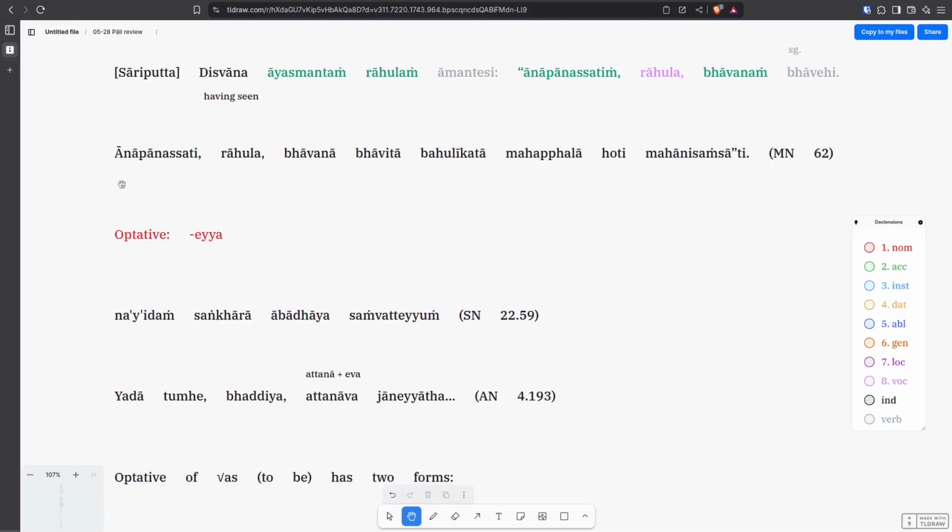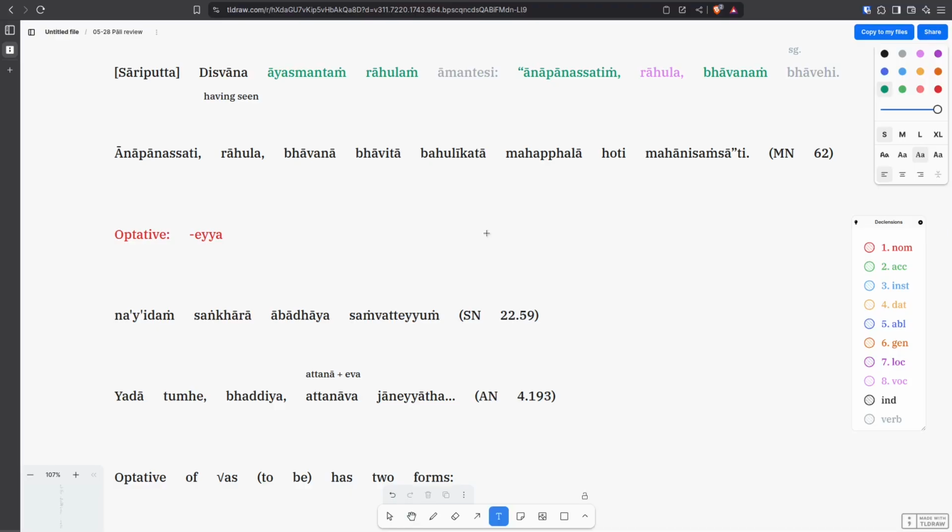He continues, please. Anapana Sati Rahula Bhavana Bhavita Bahulikata Mahapala Hoti Mahanisangsa.